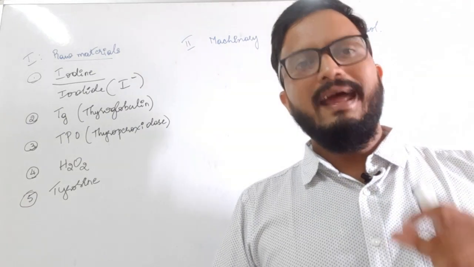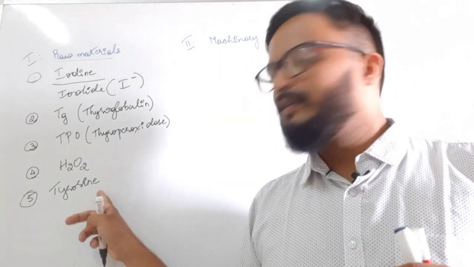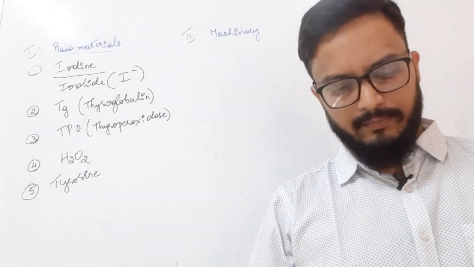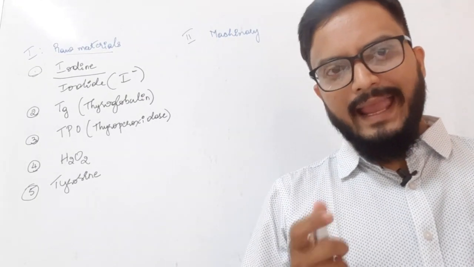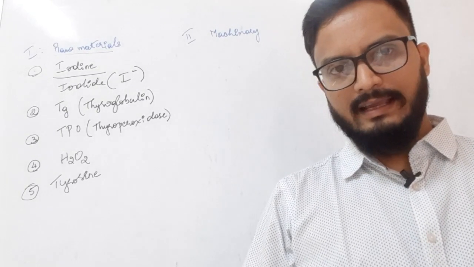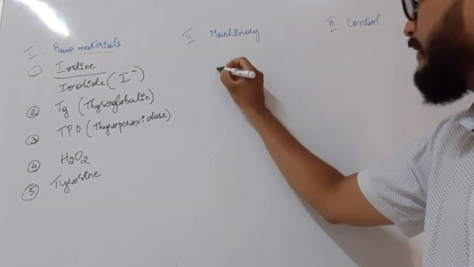So this iodine attaches to the amino acid tyrosine. Now coming to the machinery, the site of production of T3 and T4 is the thyroid follicular cells.